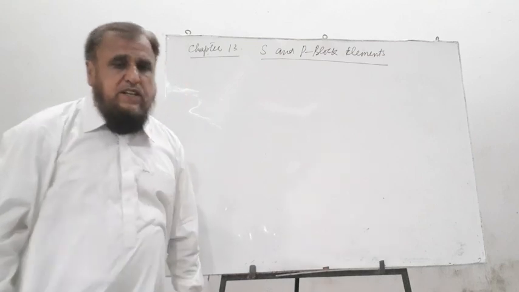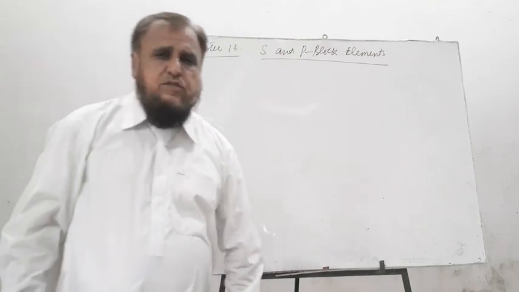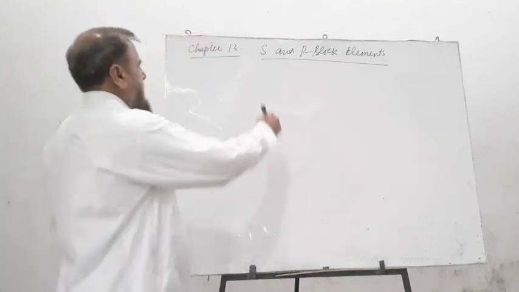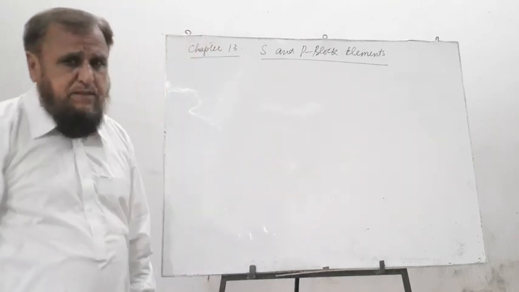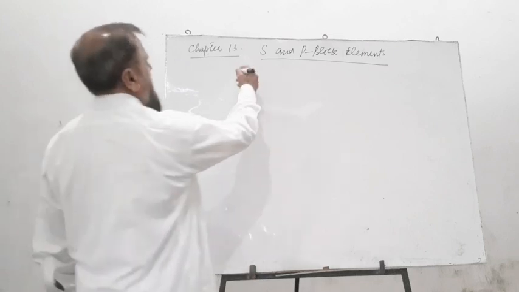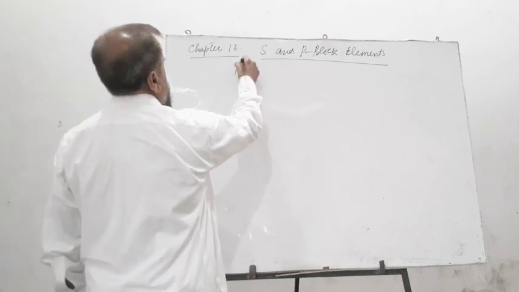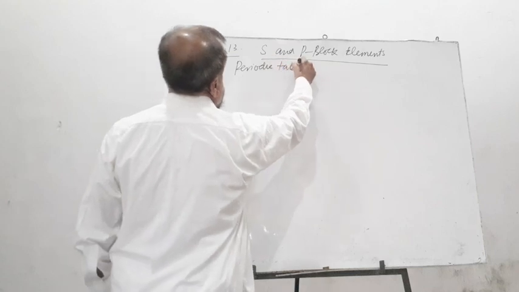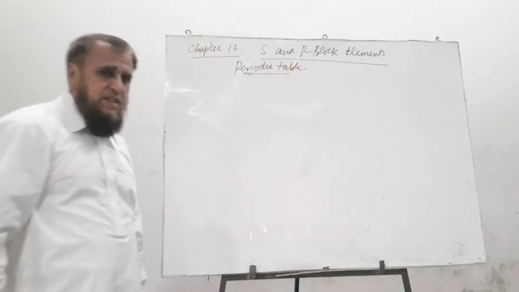First of all, I would like to introduce something about the periodic table. In order to understand the S and P block elements, let us briefly discuss the periodic table. What is the periodic table?